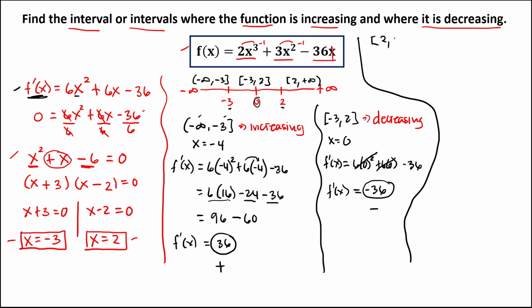Then the last interval, from positive 2 to positive infinity, we let x equal a value between positive 2 and positive infinity. So we can use positive 3. Then from the first derivative, we have 6 times x, which is 3 squared, plus 6 times 3, then minus 36. So this becomes 6 times 3 to the power 2.